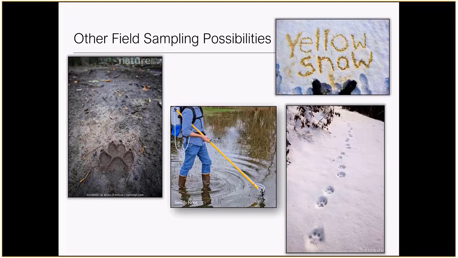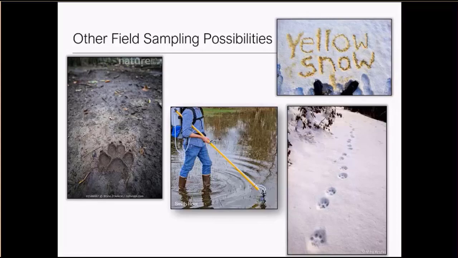Urine in snow is certainly an option as well. Our wildlife forensics lab actually used this technique in a case of mountain lion poaching where they were able to identify the suspect's dog at a remote site where the carcass was found. So there are some really creative options to using this technology.